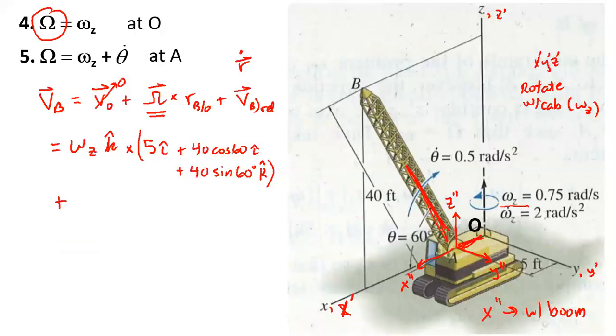So if I'm just sitting, hanging out right here, right? And I'm looking, and I'm rotating with the cab. Does it look like B is going to have a relative velocity from how I'm rotating around?